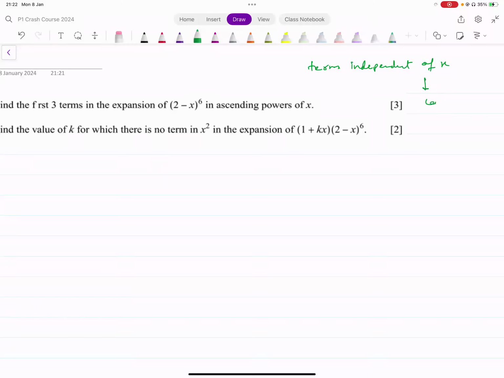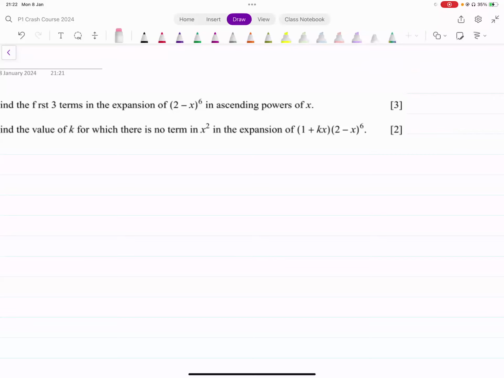Or in other words, you're looking for the term that has x raised to power 0. That's just a point that you should remember when you do questions.